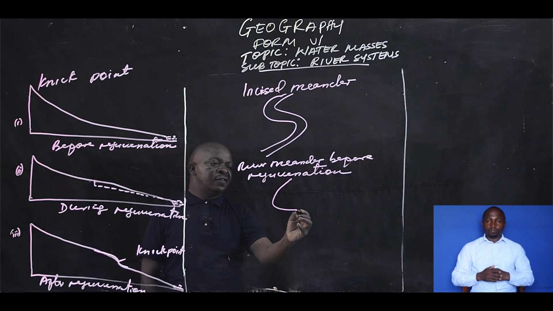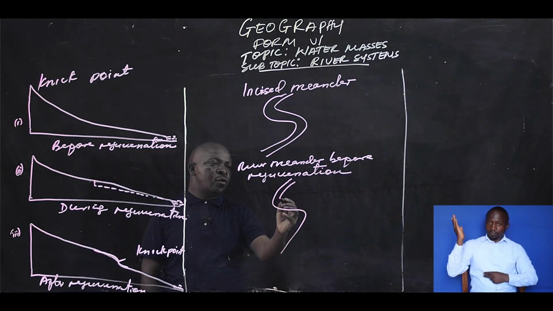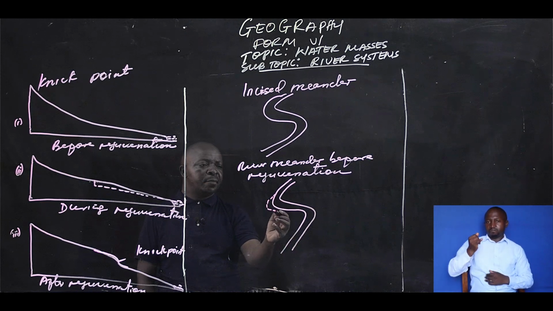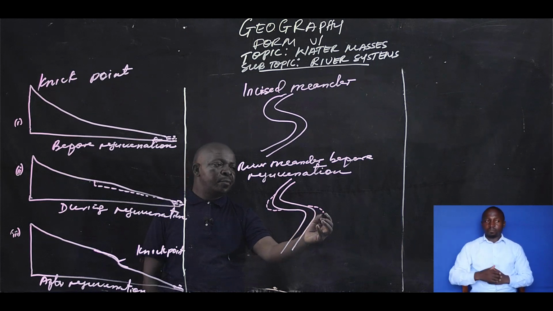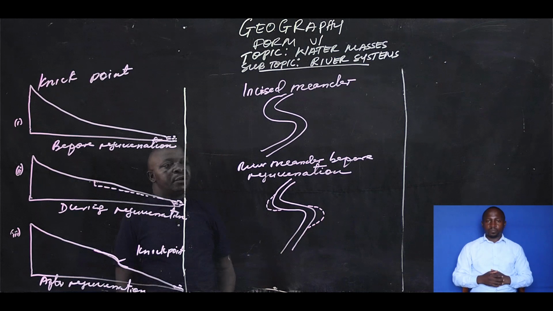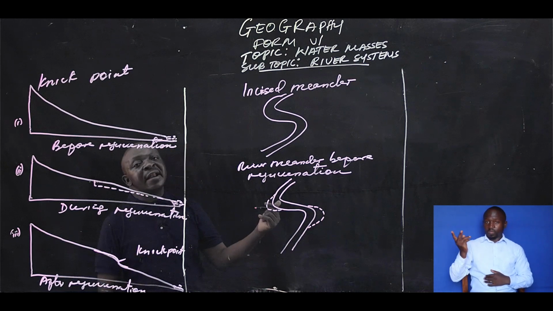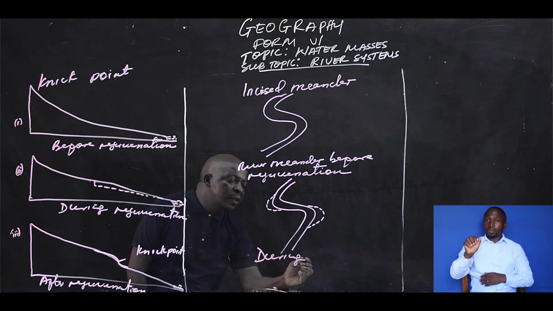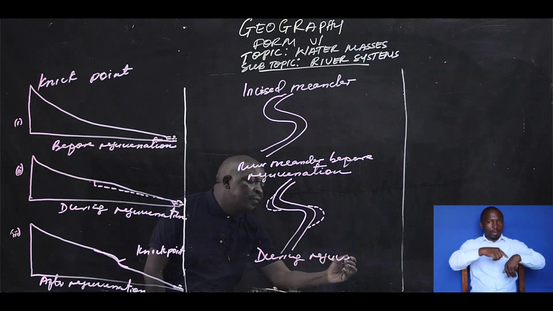We have this considerable diagram. It is also of a river meander, but during rejuvenation.